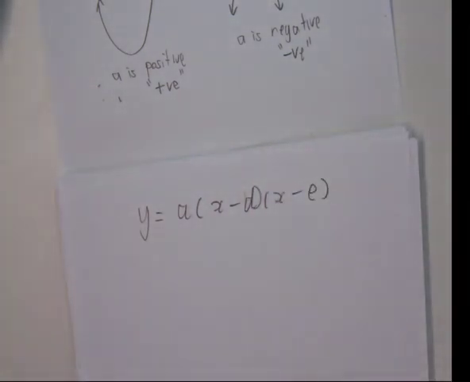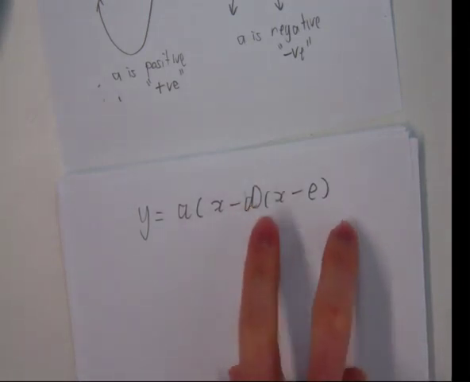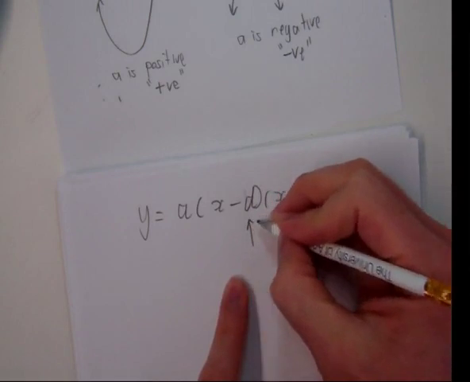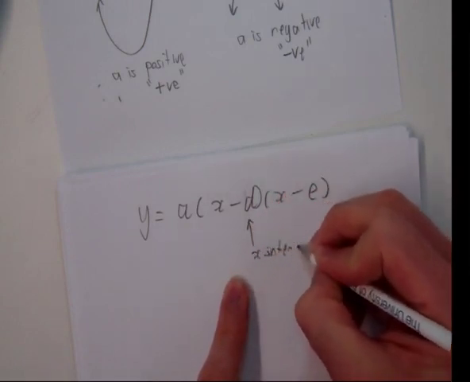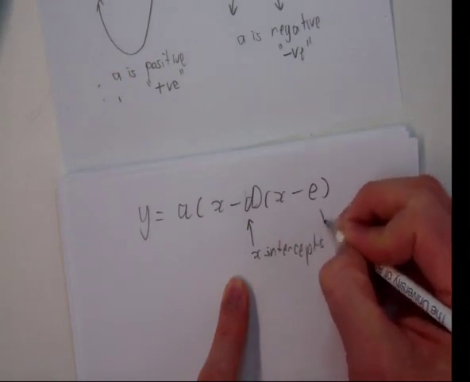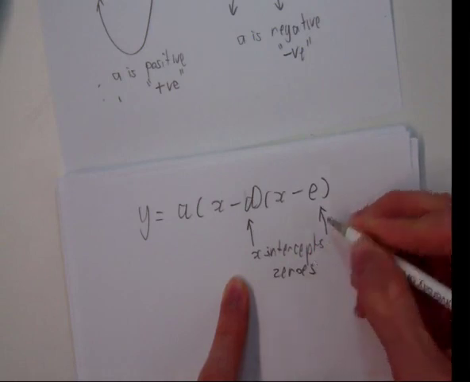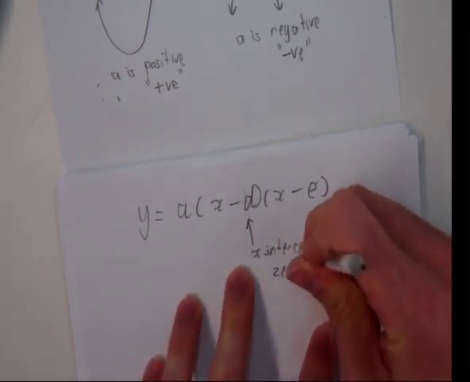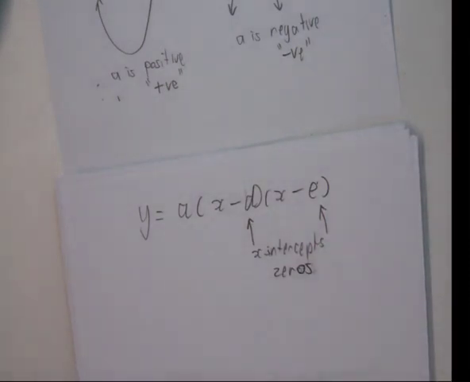If your formula looks like that, a(x minus d)(x minus e), for some numbers here, then these numbers here are called the x-intercepts of the graph, or they might be called the zeros. I think you don't have an e in zeros actually. The zeros. They won't be the number 0. They're called zeros because when you put them into the formula, the answer is 0.